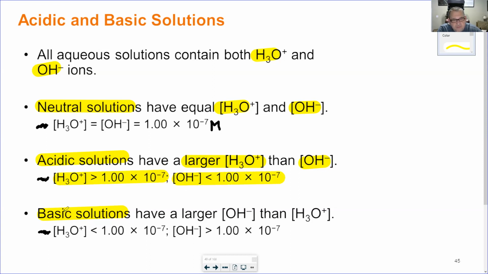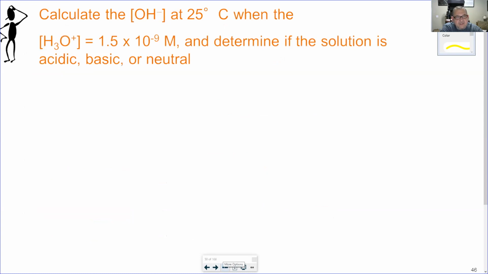The third possibility is the basic solution. A basic solution has a larger OH minus concentration than H3O plus, the hydronium. So the H3O plus is less than 1 times 10 to the minus 7th, and the OH minus is something greater than 1 times 10 to the minus 7th.